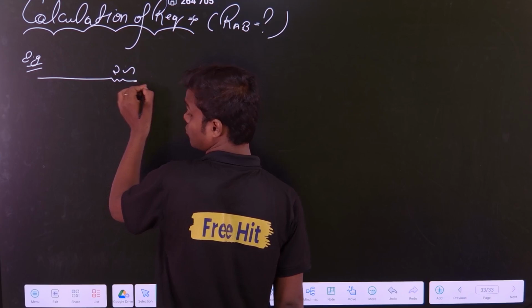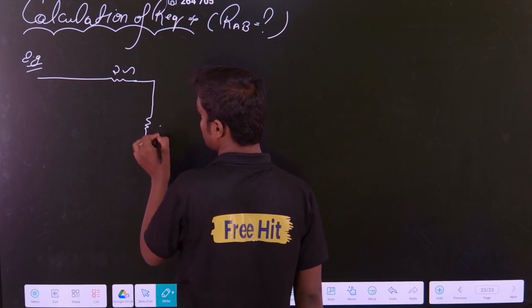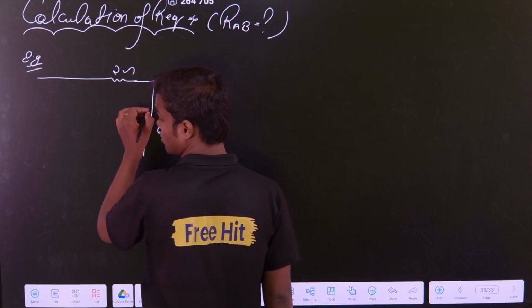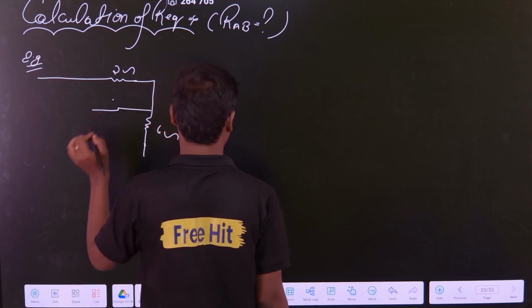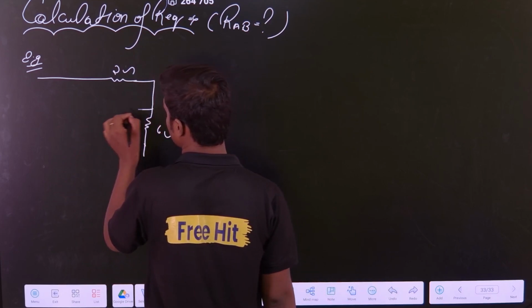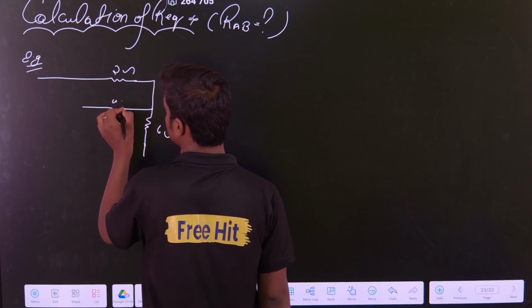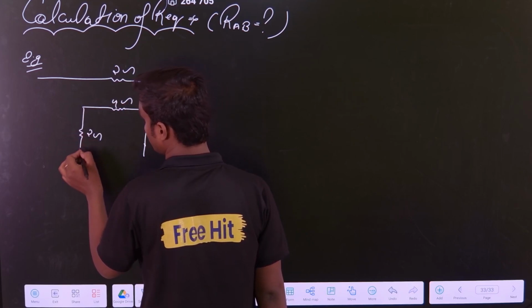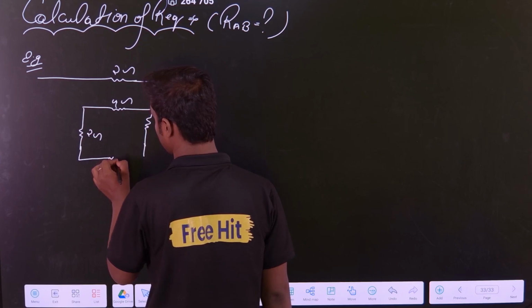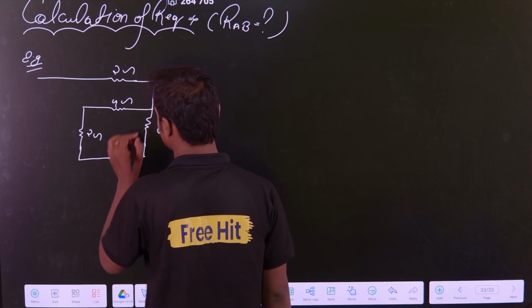Suppose this is my 2 ohm, this is my 6 ohm, and this is my 4 ohm, 2 ohm, 6 ohm.